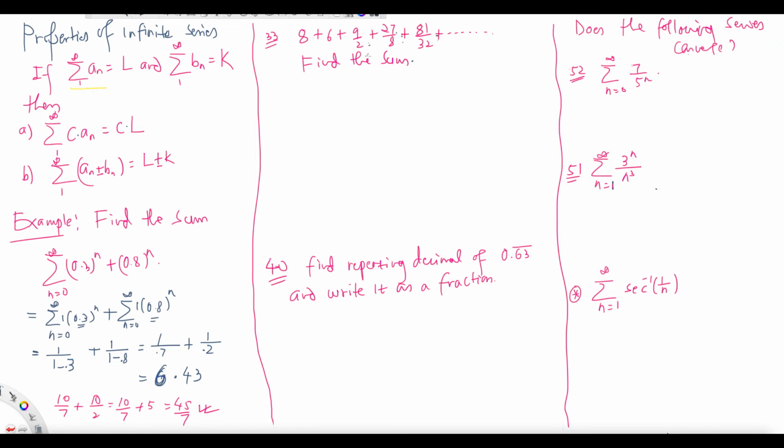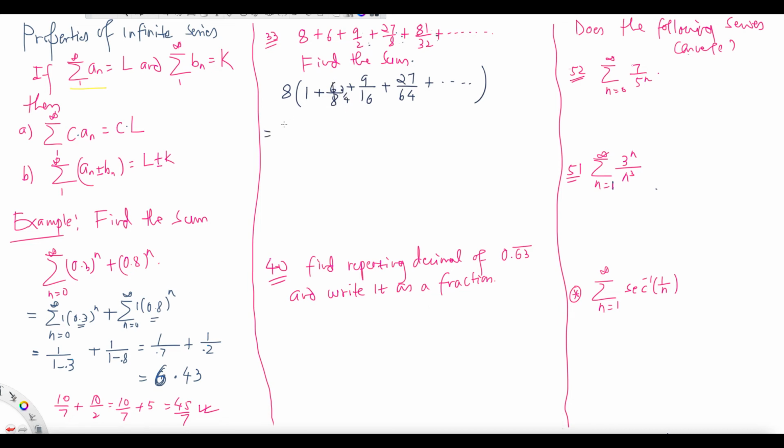So what I'm going to do here is take out 8 from all the terms. What is left is 1 plus 6 over 8, because there was no 8, so I divided, plus 9 over 16 plus 27 over 64 and so on. You don't need to write all those terms. Now 6 over 8 is 3/4, right?